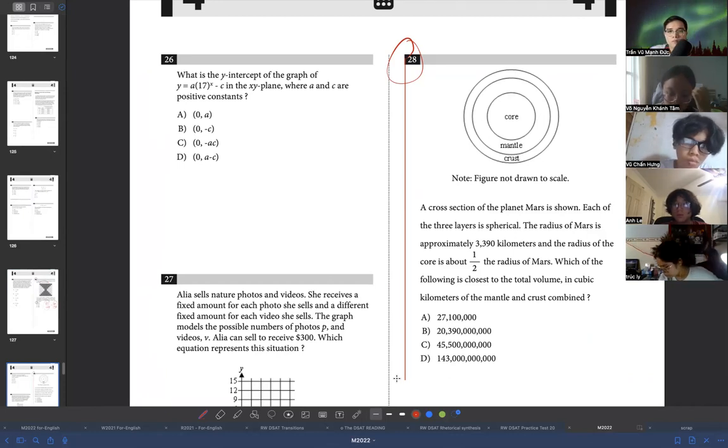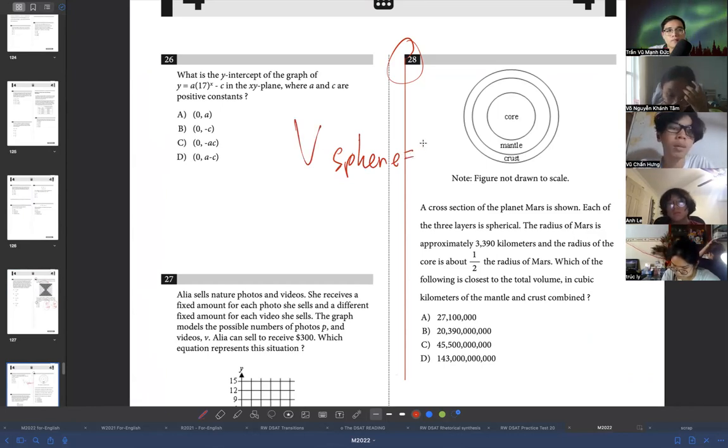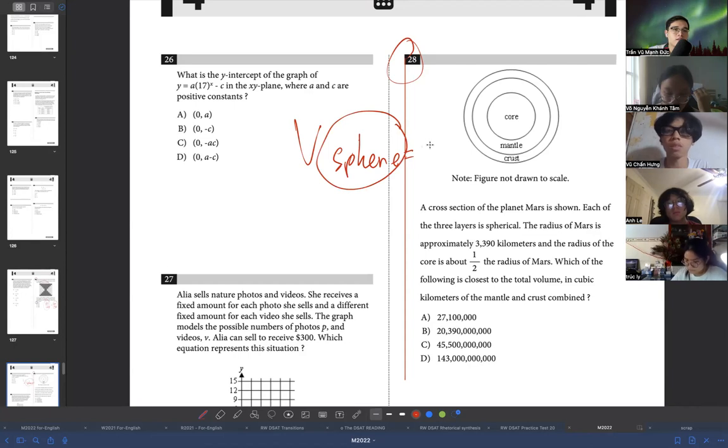Can you briefly mention the volume equation of a sphere? R squared times pi times h. A sphere. You sure? R squared. A sphere.